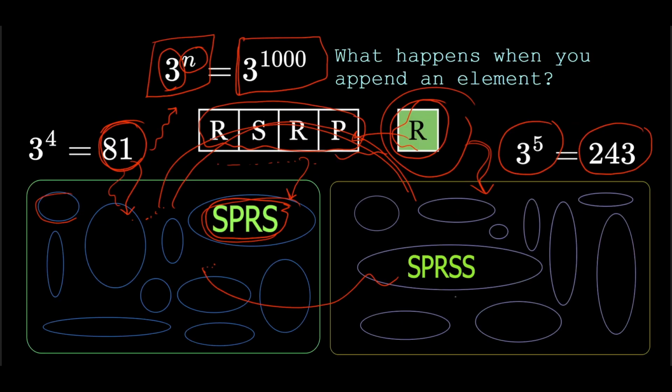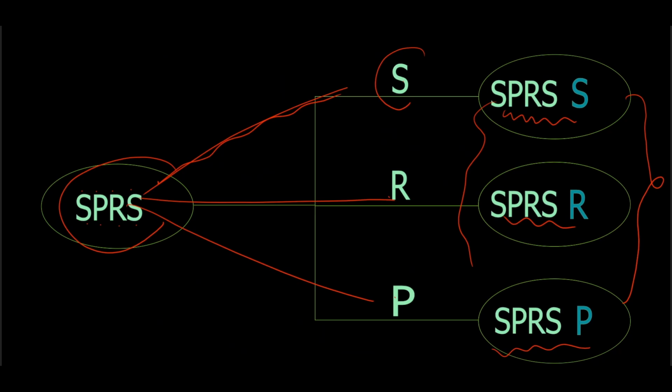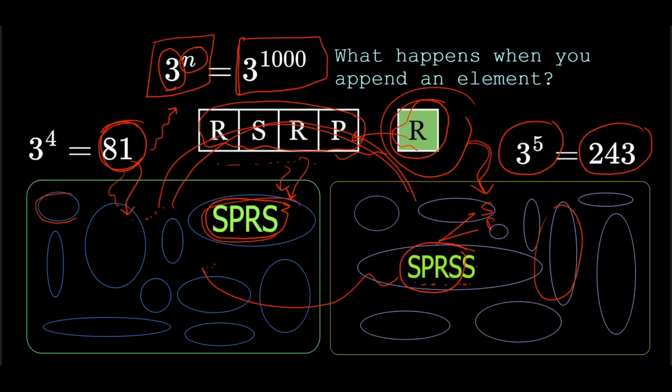And in fact, you will realize that every ellipse that is present over here must have been constructed from an ellipse over here, because if you consider this example, this means that you took out an ellipse representing SPRS from this box and you appended either scissors or paper or rock and achieved this configuration. So now we have a strategy using which, given this box, you can construct a new box if you append an element at the end. That is, if you were to increase the number of rounds.